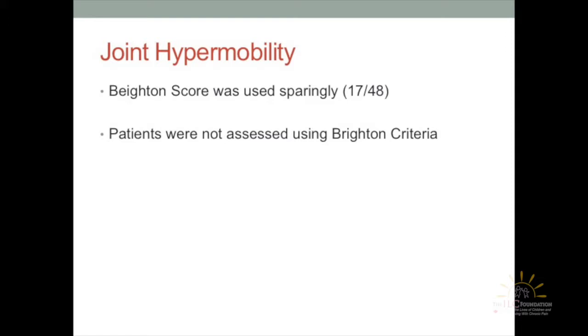So lots of things to think about, as well as the fact that the Beighton score only takes into account a few joints within the body, not all the major joints. And for some reason, none of our patients were assessed using the Brighton criteria, and I suspect it's because it's more cumbersome to use and it's not as well entrenched in literature.